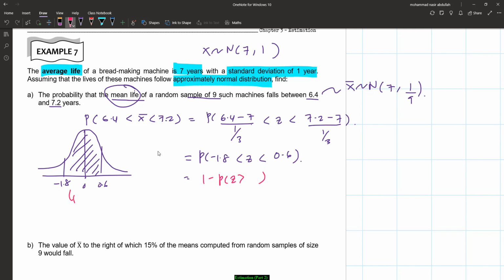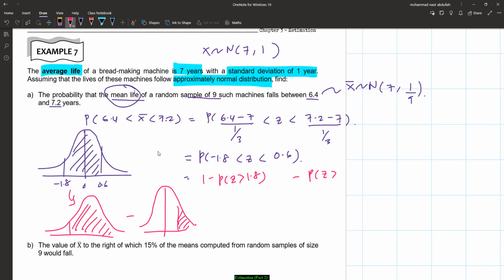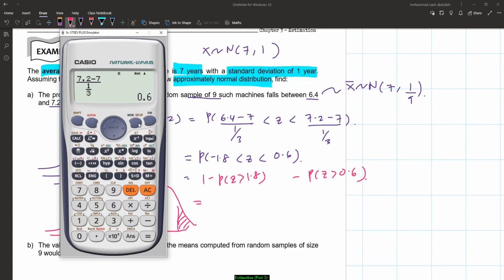So this one, on the right, minus the area on the right also here, 1.8, minus the probability of Z more than 0.6. Right, so you will get the answer. If you want to use a calculator, that's fine, but the calculator is just to confirm your result.